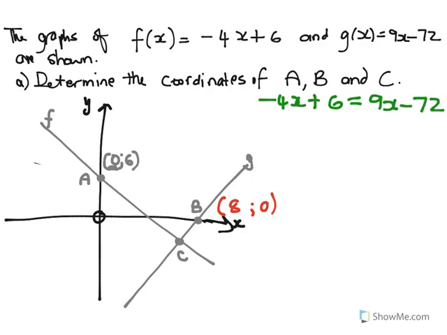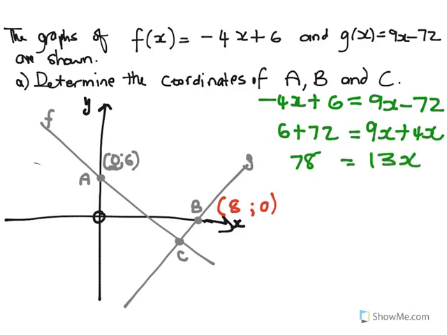And so if we rearrange our equation, we'll have 6 plus 72, right? Add 72 on both sides, and 9x plus 4x if I add 4x on both sides, right? So that would be 78 is equal to 13x, and if I divide both sides by 13, then x is equal to 6. So we know that the x-coordinate of this point would be 6, all right?